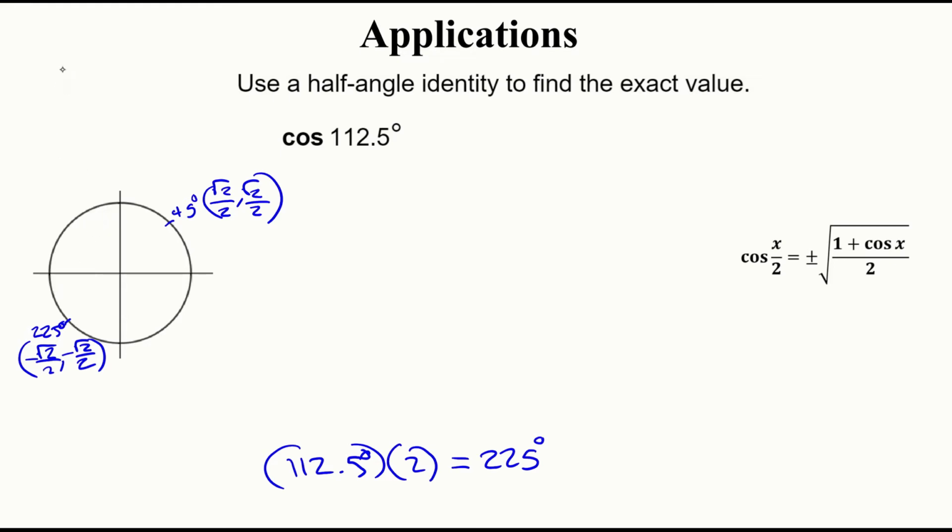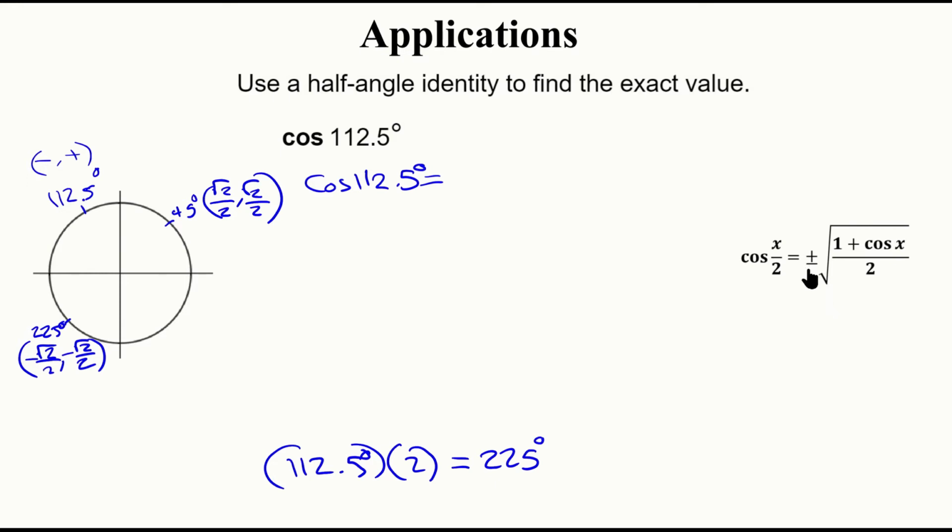So we know that the signs are going to be negative for the x value and positive for the y value. So negative for cosine and positive for sine. So we can go ahead and start calculating the cosine of 112.5 degrees. And again, we know that the cosine will be negative.